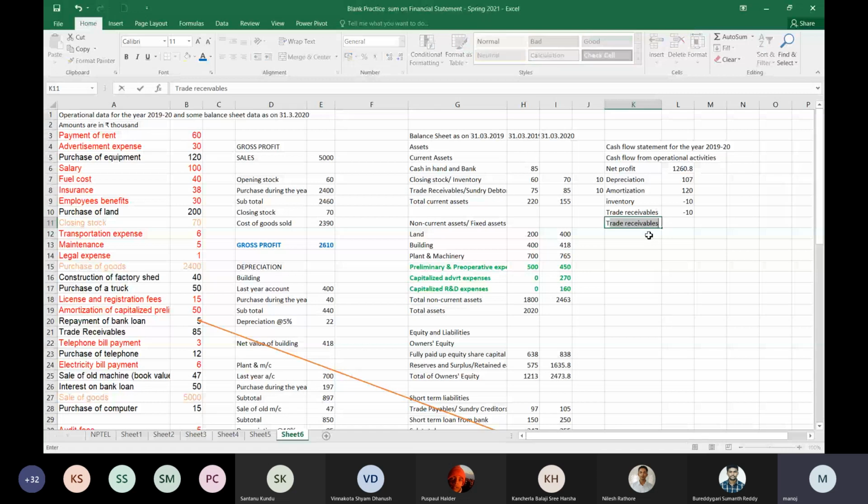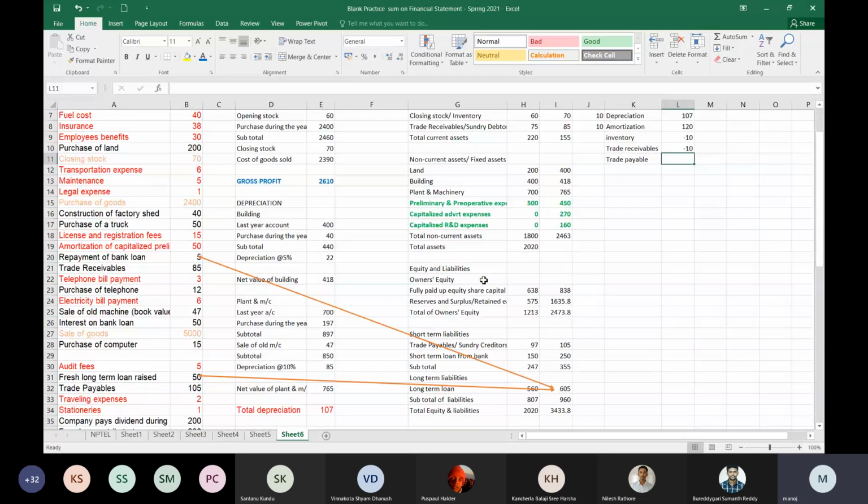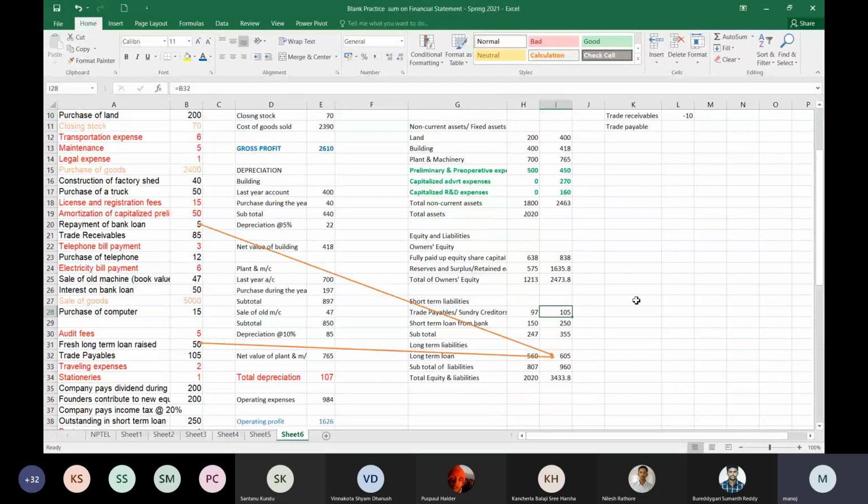Then trade payable. So payable is the opposite story. Let us see what the data says. Trade payable, earlier year it was 97. This year it is 105. What is the increase or decrease? 8.